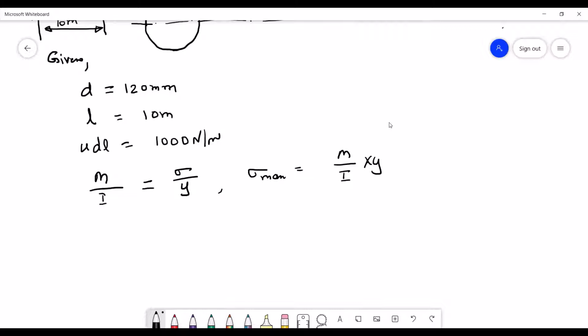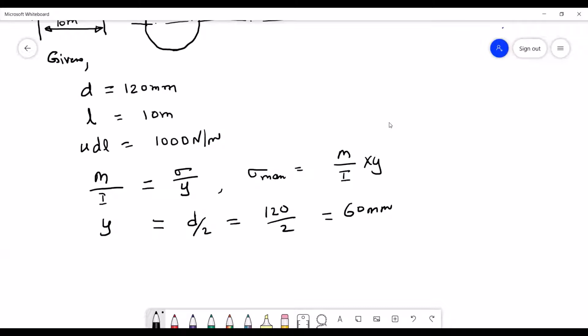So first of all, let us find y. Diameter is given as 120, so y will be d by 2, that is 120 divided by 2. This means 60 millimeter is y.